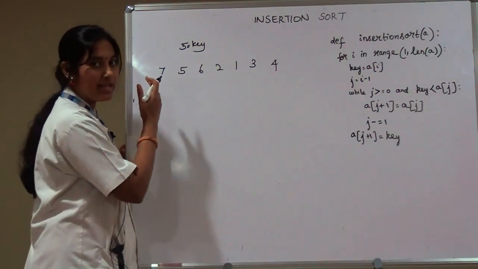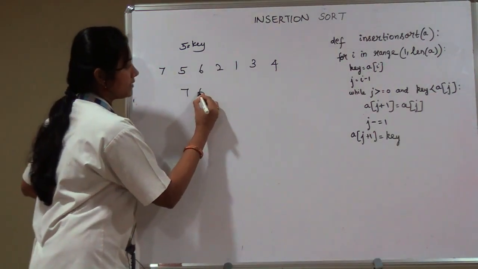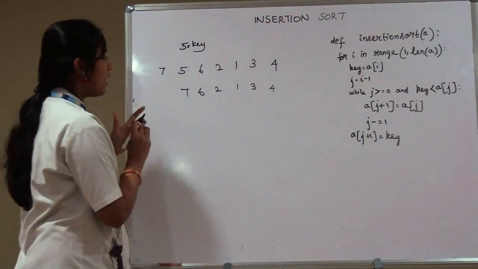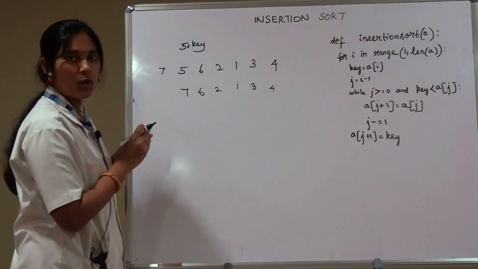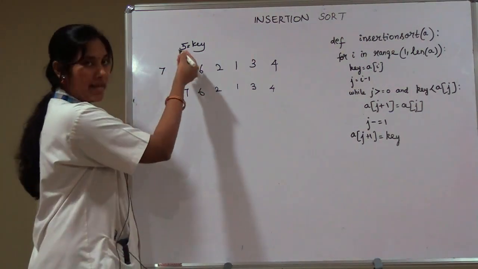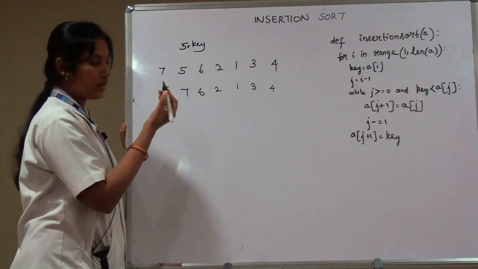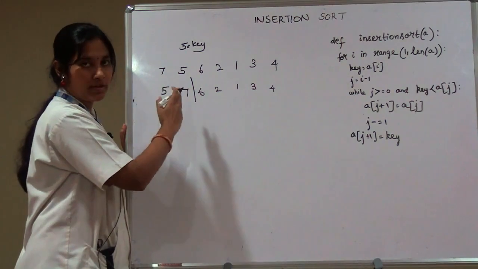I should move the 7 to the right, giving 7, 6, 2, 1, 3, 4. Now before 7 there are no elements left, so I should place my key element at this position. Now 5 and 7, these two elements are sorted.